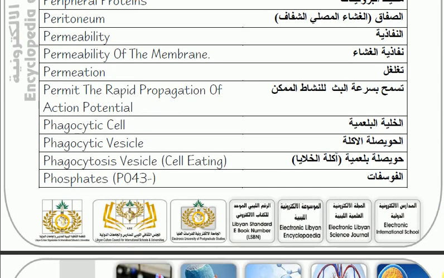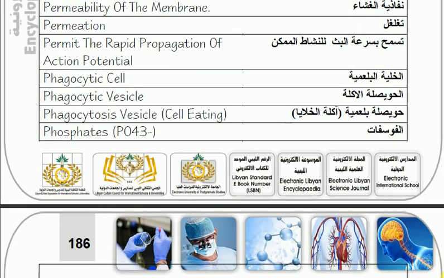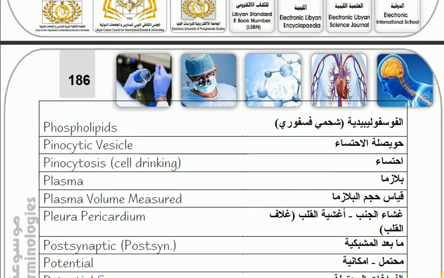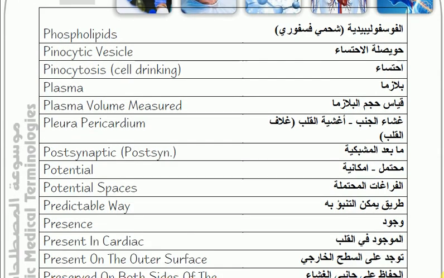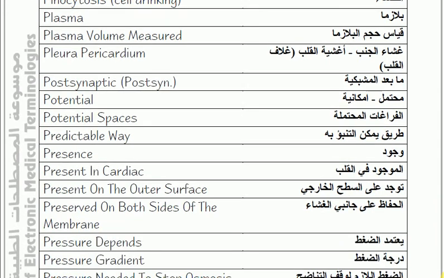Phagocytic cell. Phagocytic vesicle. Phagocytosis, cell eating. Phosphates, PO4 3-. Phospholipids. Pinocytic vesicle. Pinocytosis, cell drinking. Plasma. Plasma volume measured. Pleuropericardium.